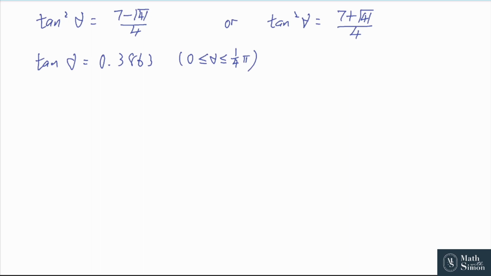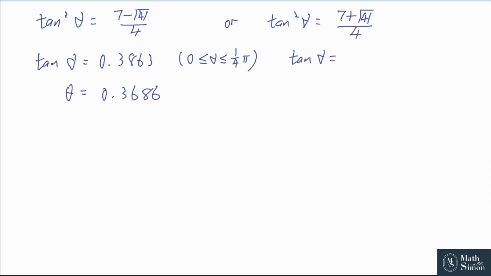Anyway, we already have this value, and when we try to solve for theta, we get 0.3686. You can see the value is very similar to the tangent theta here, so just be more careful about it. Same thing that we want to look at for this one.